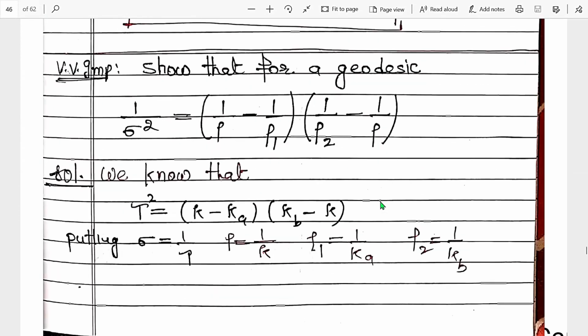Similarly, the second result shows that for a geodesic, 1 by sigma square equals 1 by rho minus 1 by rho 1, into 1 by rho 2 minus 1 by rho.